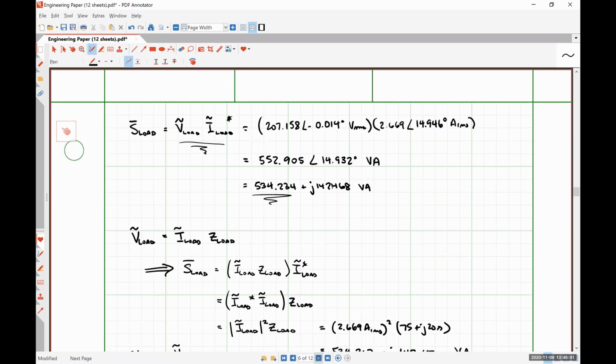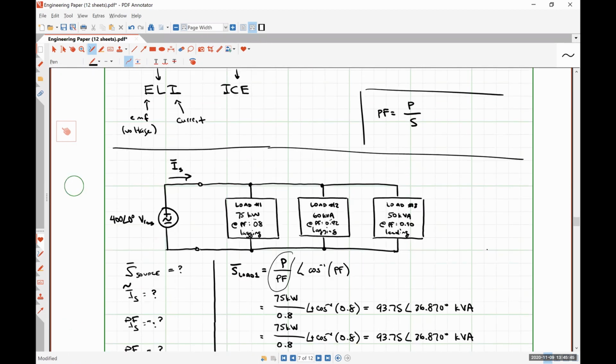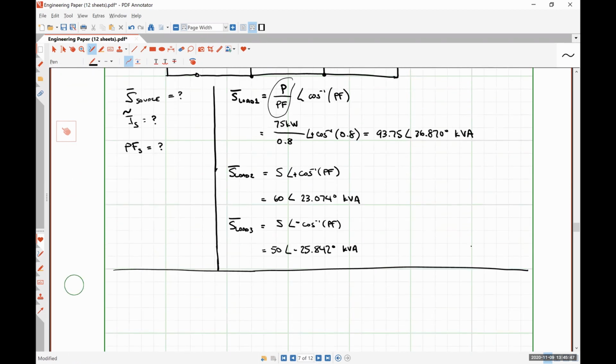So S source will simply be S load 1 plus S load 2 plus S load 3.